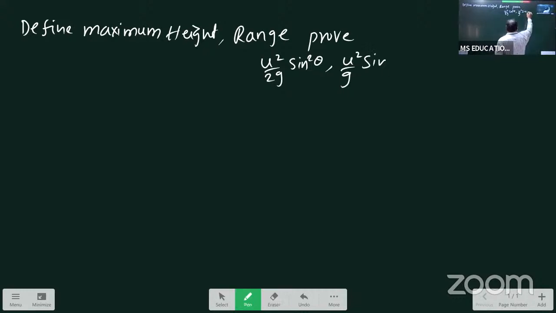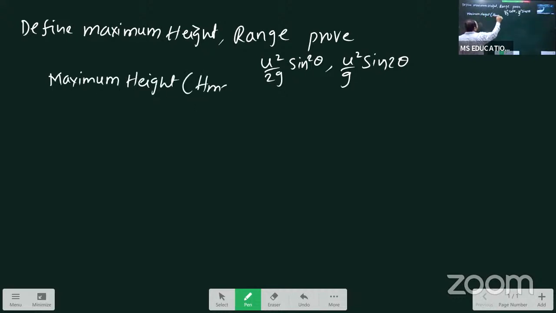So one is maximum height, second one range. 2 definitions, 2 marks, proof, individual 2 marks. First, maximum height. What is the question? Define maximum height, range. The question starts from maximum height.